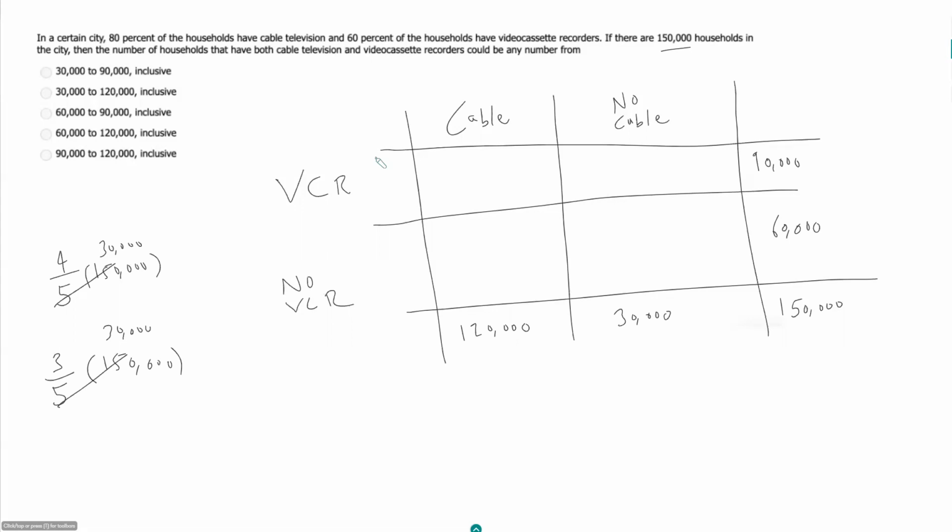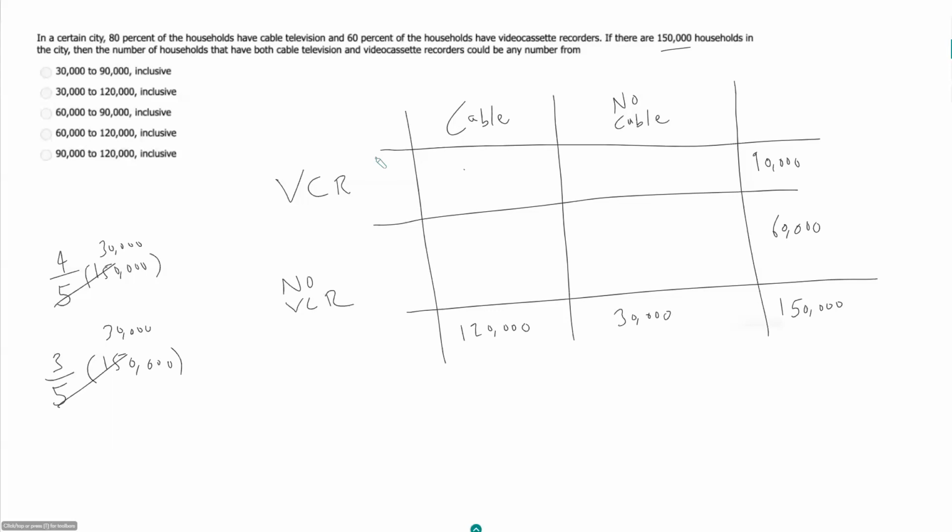And then we want the range for the people who could be in this group here, cable and VCRs. So let's think how we can find this range. Really all we know is just what the maximum is, what we are limited by, because these numbers here and these numbers here are just the totals for our rows and columns.